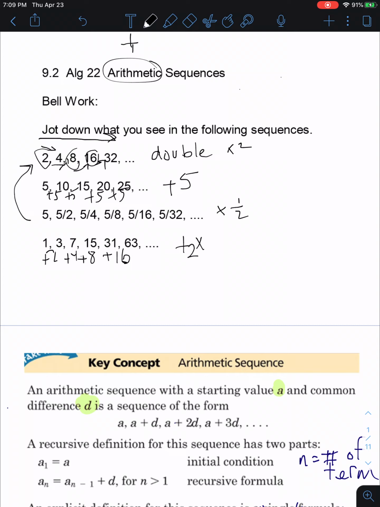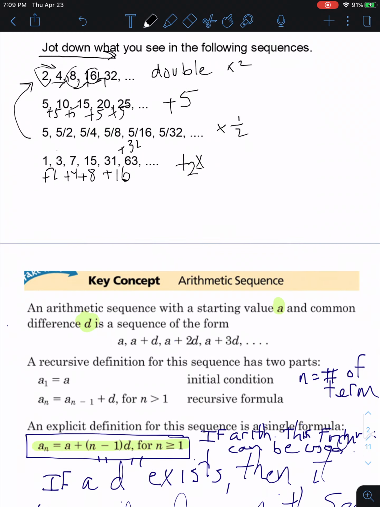So if x is the first term, it'd be 2 to the first power. You added 2. If this is the second term, you added 2 to the second power, so that's 4. 2 to the third power gives you 8. 2 to the fourth power, 16. And then finally the 2 to the fifth power would be adding 32. Okay? So you're adding 2 to the x power. Exponential. That kind of takes us to where we were at last chapter.